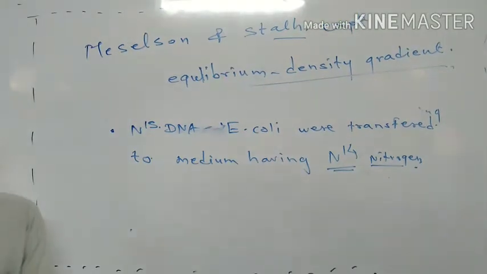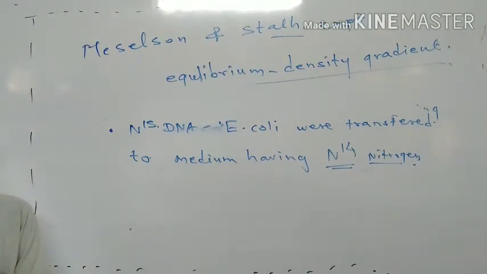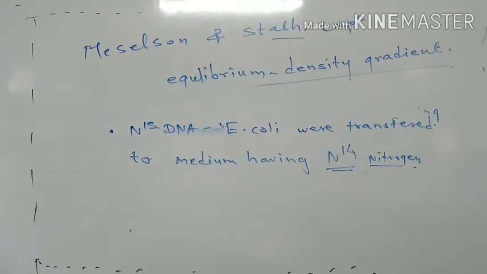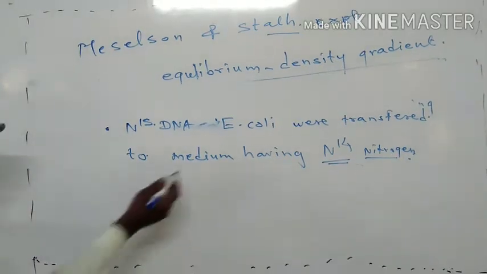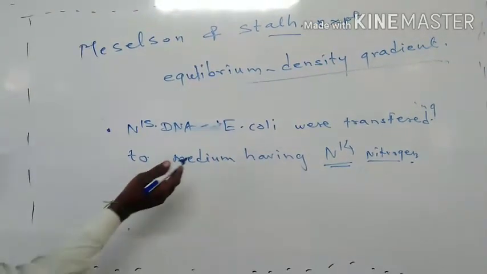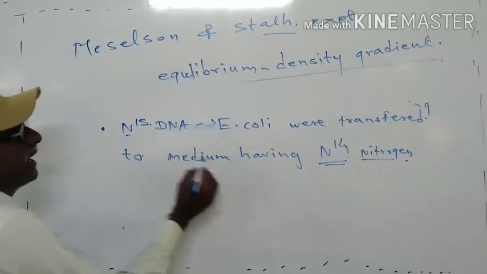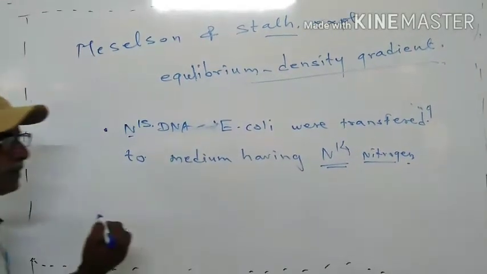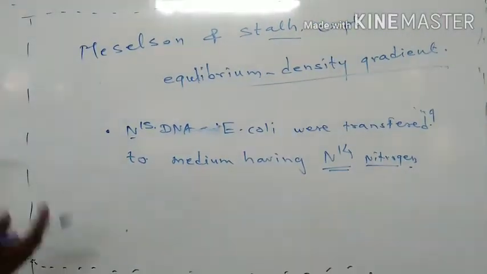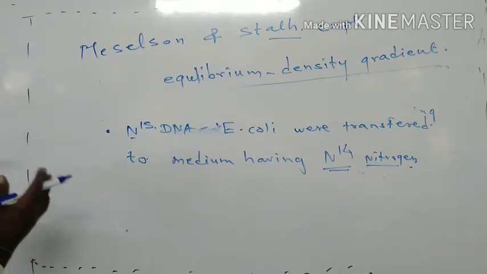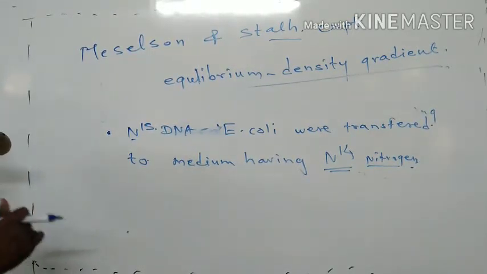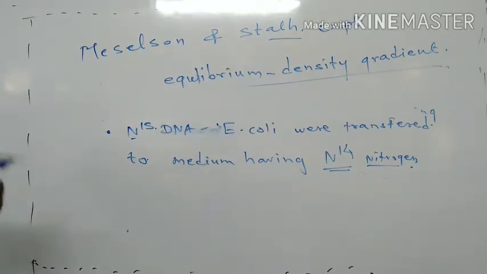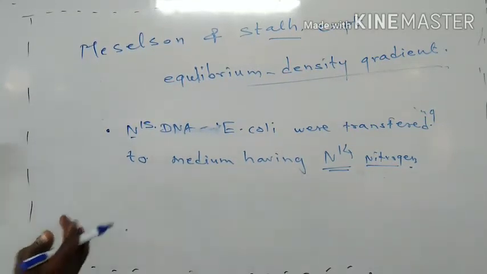Now, by this method, what will we get? Well, in the first generation, the density gradient band for N14 and N15 was obtained. Now, if we take this N15 DNA and N14 DNA, if there is a mixture, what will we get? We will get a DNA in which one strand is of N15, one strand is of N14.